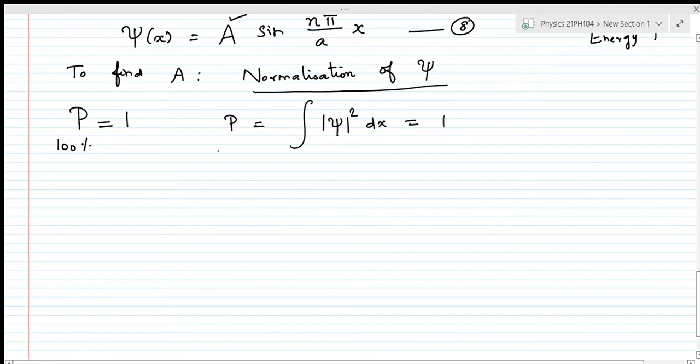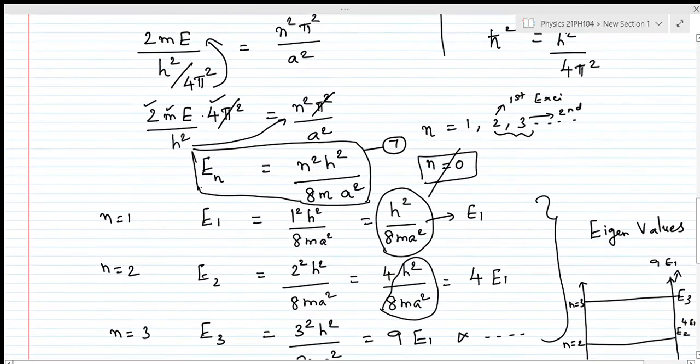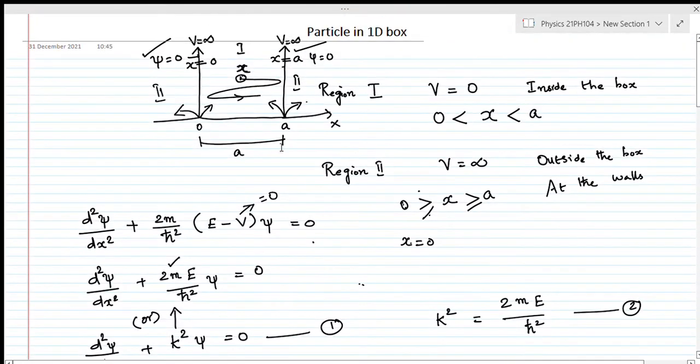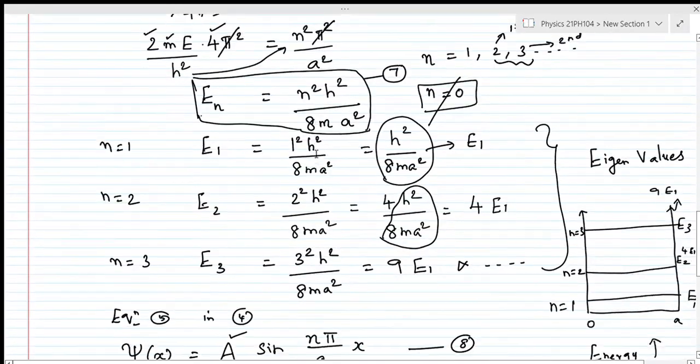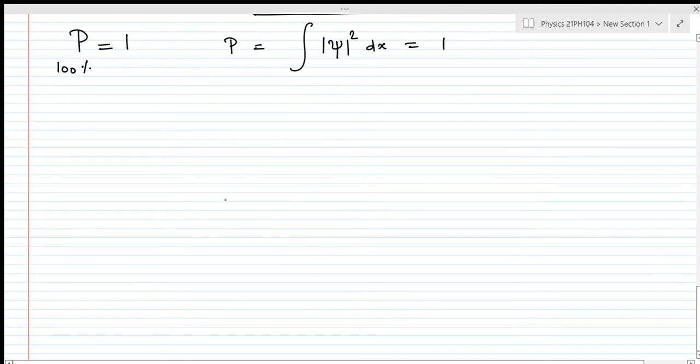What is the limit here? The limit is the width of the box. The particle is limited to move within the box of boundary condition 0 to a. Therefore, the boundary condition is 0 and a.